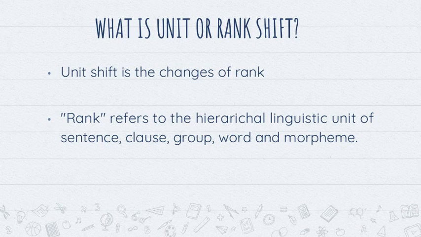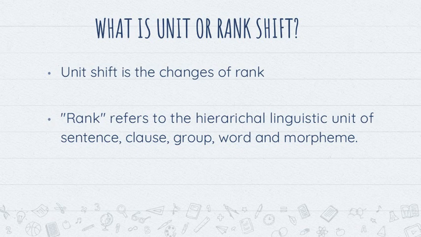In unit shift, a strict rank-for-rank correspondence between SL and TL sentences, clauses, groups, words, and morphemes is not observed. Unit shifts occur when the translation equivalent of a source text unit at one rank is a unit at a different rank in the target language. It includes shifts from morpheme to word to phrase, clause to sentence, and vice versa.